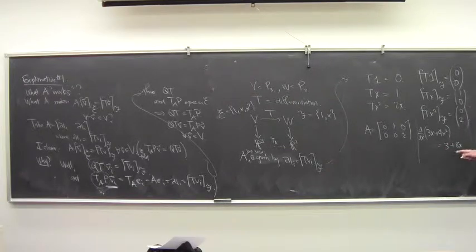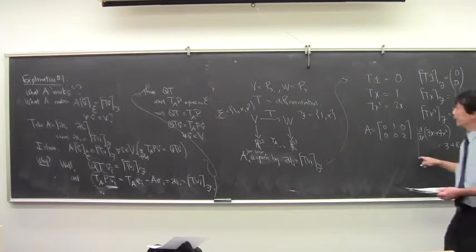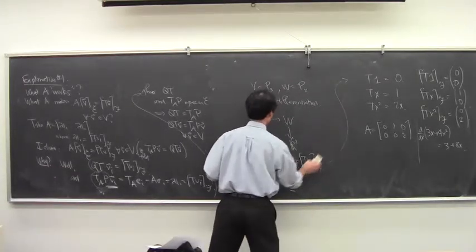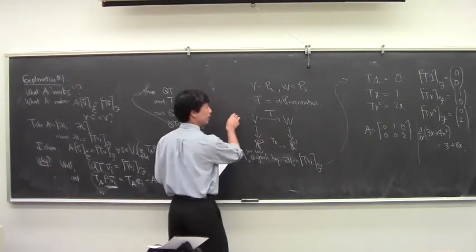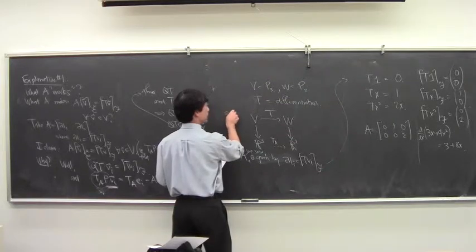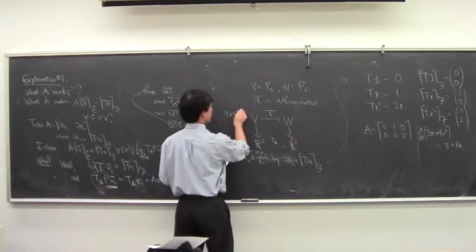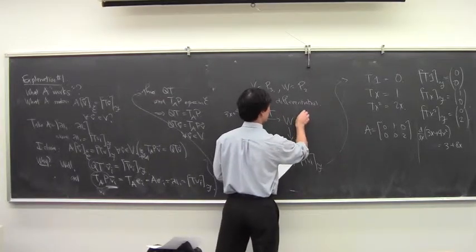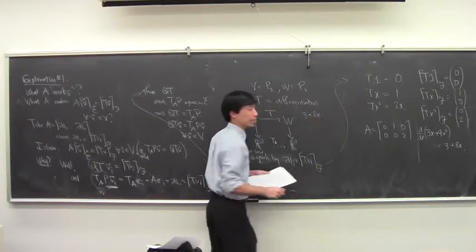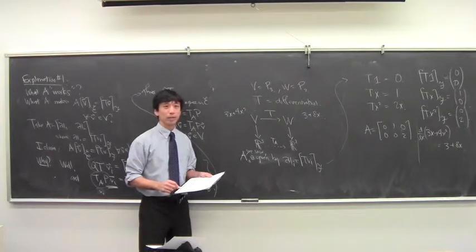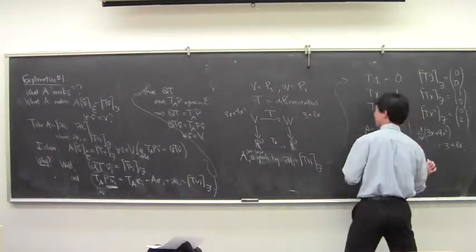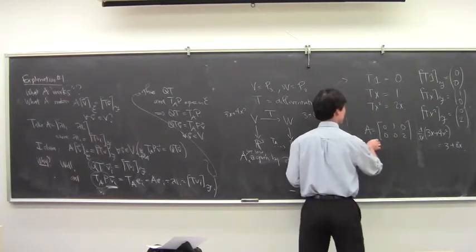Okay. So let's see that this thing actually does behave as we want it to. Suppose I start off with 3x plus 4x squared and I differentiate it. Well, I end up with 3 plus 8x. Now let's see how this matrix does exactly the same thing.